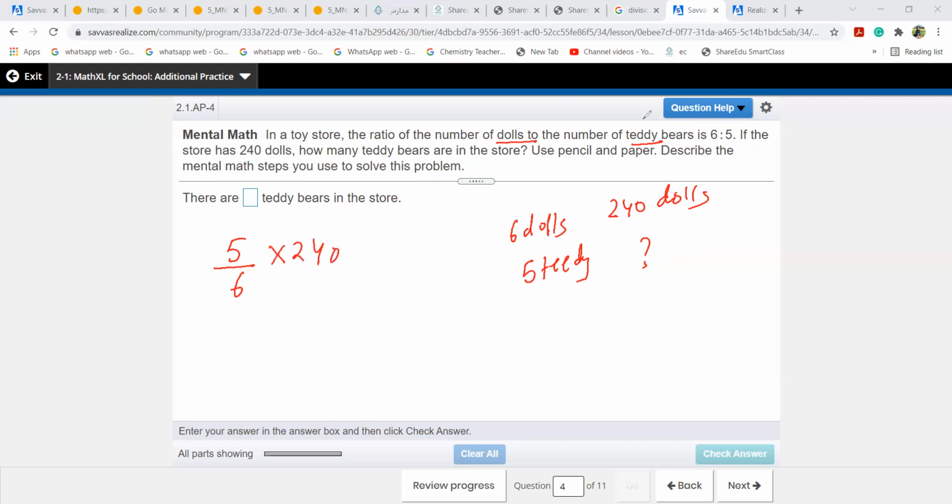Come on, tell me, Ghalia. What is 5 over 6? First, tell me 5 over 6. I think 0.6. 5 divided by 6 is 1.6.